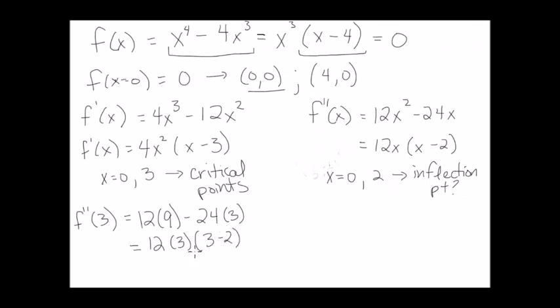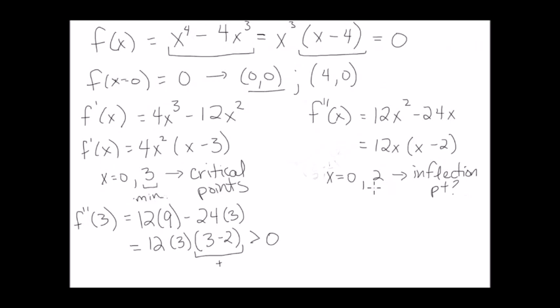The reason that I point that out is this 3 minus 2 is positive, and these other terms are also positive. So what that means is that the second derivative is greater than 0. So therefore, I can conclude that when x is equal to 3, I have a local minimum.